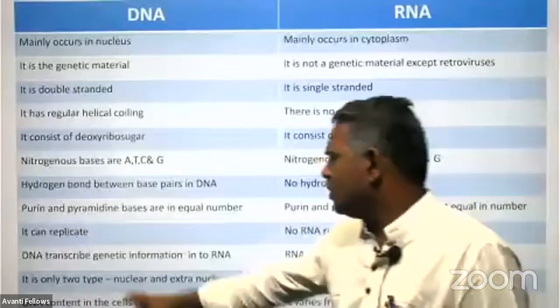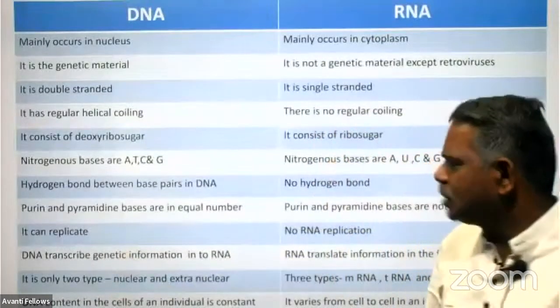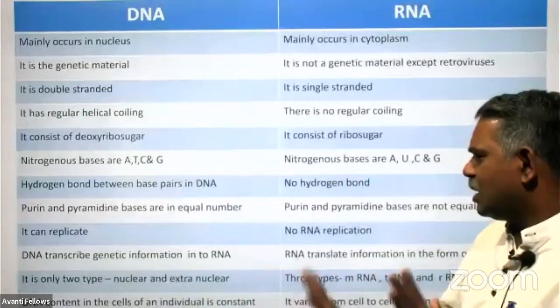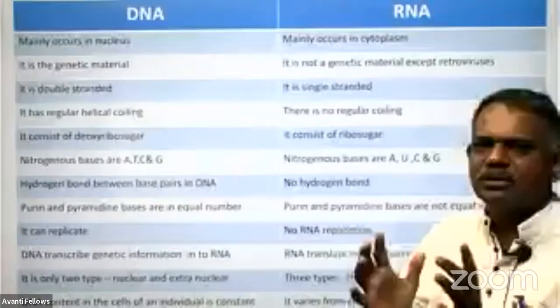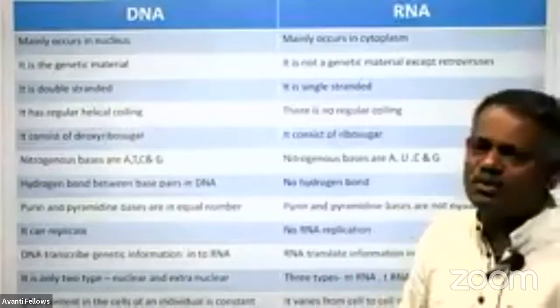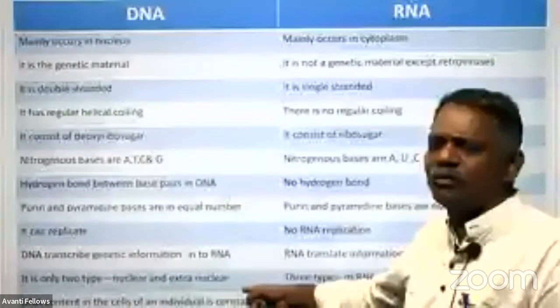Another point: DNA is of only two types, nuclear and extranuclear. The DNA present inside the nucleus, within the nuclear envelope, is in the chromosomes of a cell. Extranuclear means what?